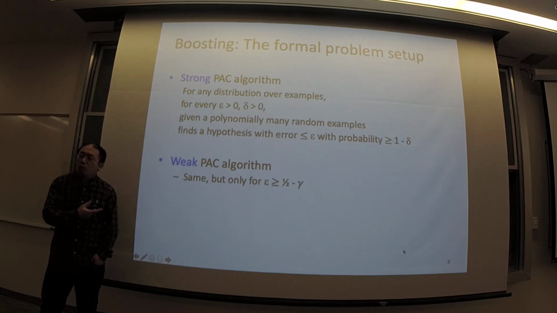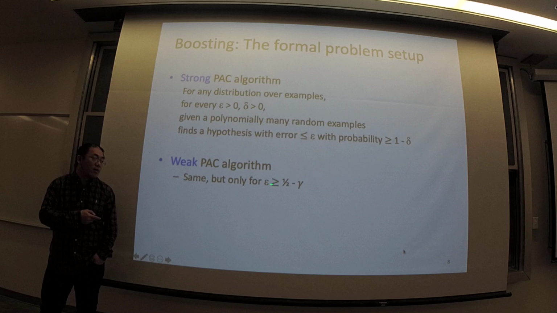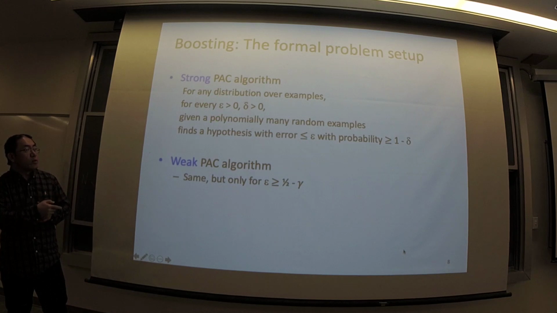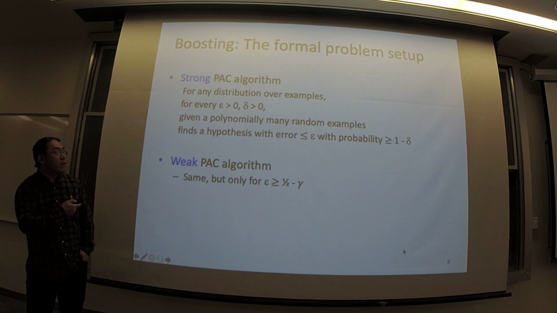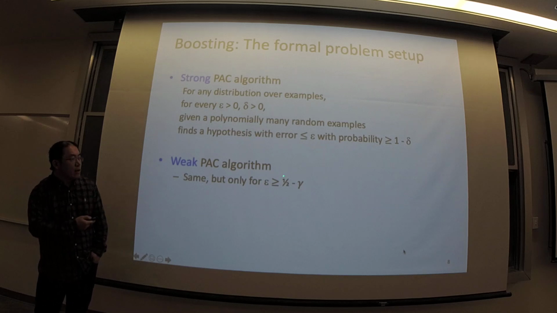Say gamma would be 0.1, right? So that means epsilon is bigger than or equal to 0.4. That means no matter how many training examples, no matter what confidence level you're given, and for any distribution, for any polynomial number of training examples, your true error is at least 0.4.